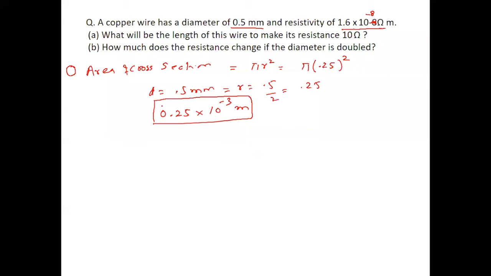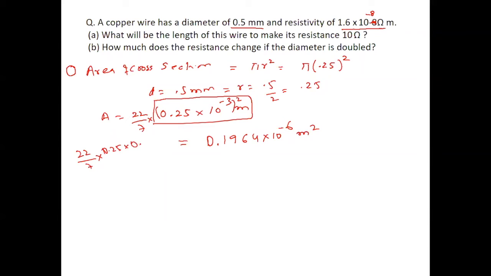Sorry, 0.25. Area of cross section is pi d squared by 4, that is 22 by 7 into 0.25 into 0.25 into 10^-6.